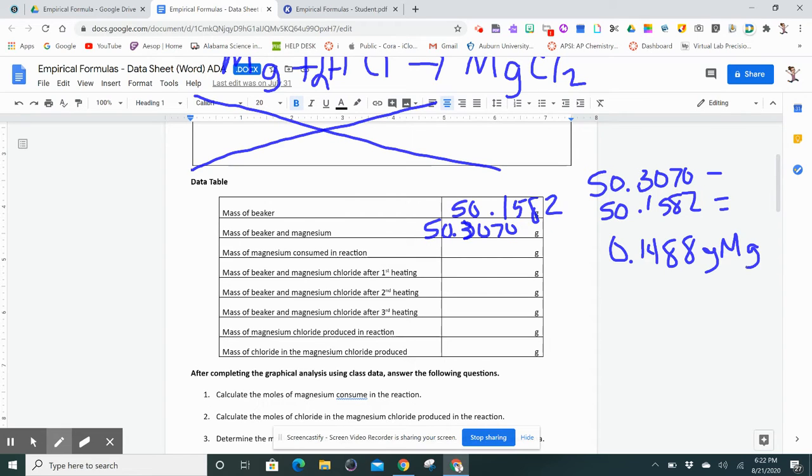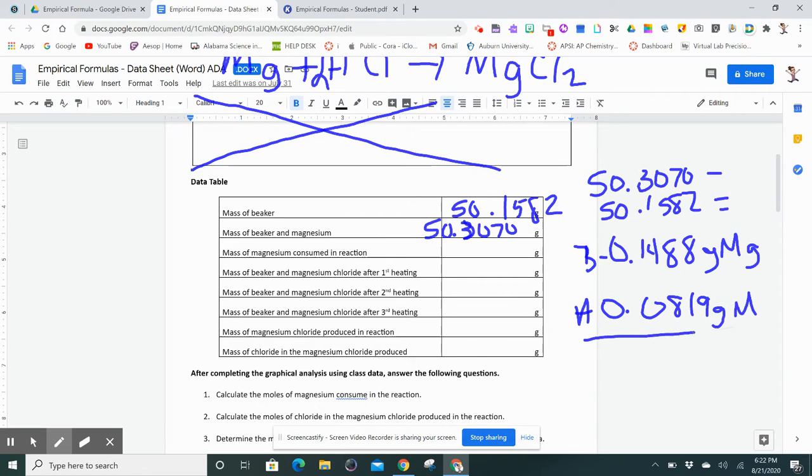So for the mass of magnesium that was consumed, we're going to take that magnesium out of the beaker, weigh it again, and the mass of the magnesium after the reaction is 0.0819. So this is our before, this is our after.